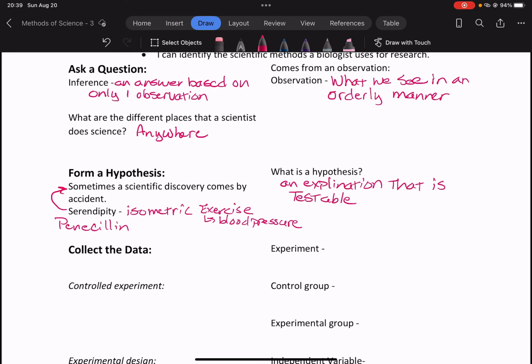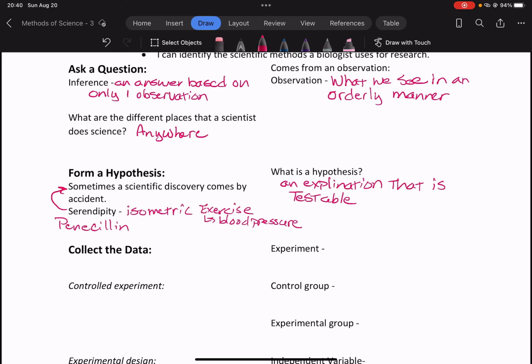What he noticed when he came back in was that all the bacteria around where the mold had gotten to had been killed. That's an accidental discovery. That's how we got the whole field of antibiotics. So, again, sometimes you get lucky with this stuff.